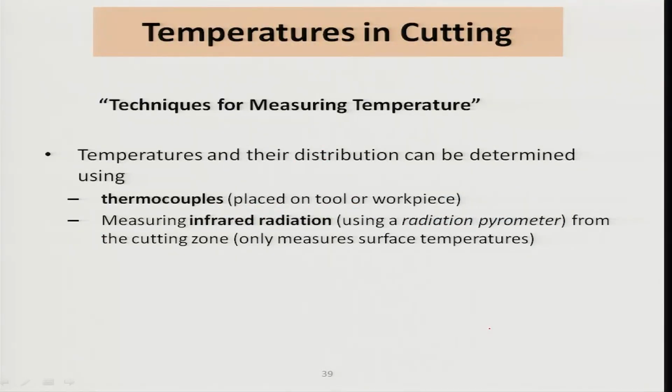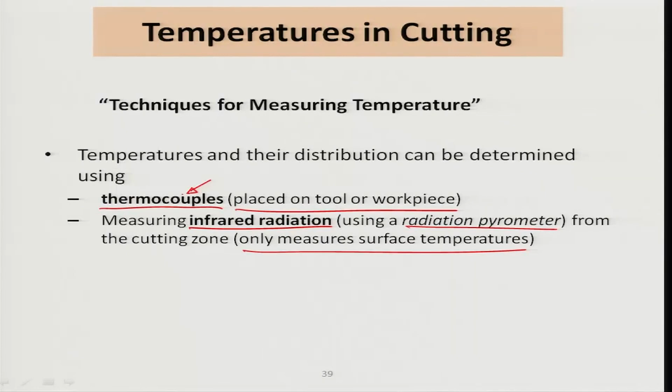The measurements of such temperatures or temperature distributions can be made experimentally by using thermocouples, which can be placed either on the tool or the workpiece surface, or in a non-contact manner through infrared radiation. So, you can use a radiation pyrometer, for example, on the cutting zone, which only measures the surface temperature. You cannot measure the depth temperature.